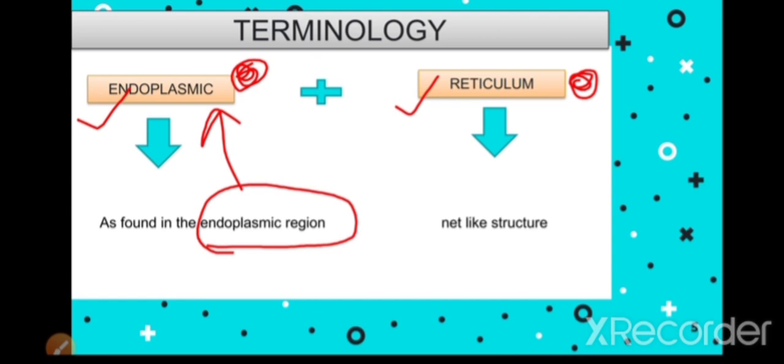A net-like structure was observed by Potter in the cytoplasm. In the 18th century, the European ladies carried purses of netting, and those purses of netting were called reticules. Is it clear? So, when Potter observed the liver cells, he observed a net-like structure, and in the 18th century these netting purses carried by the European ladies were called reticules.